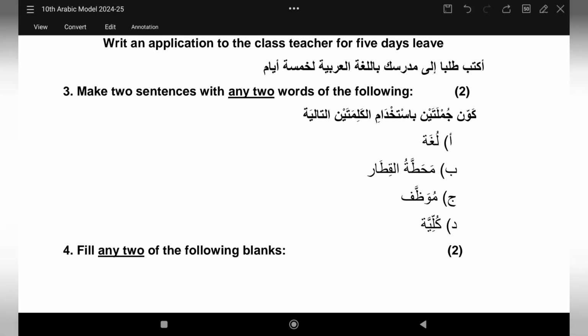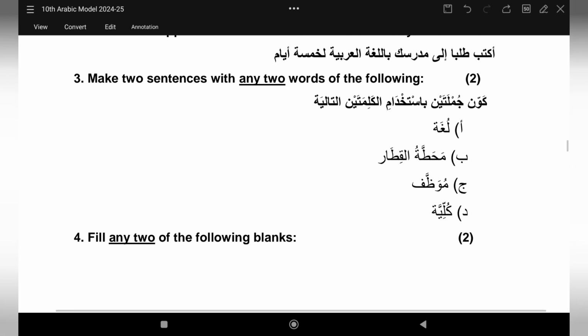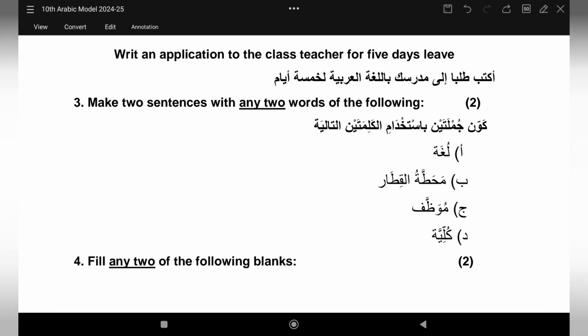Then, make 2 sentences with any 2 of the following, for 2 marks: لغة، محطة القطار، موظف، كلية. لغة means language, محطة القطار railway station, موظف employee, كلية college. When you make a sentence, you can make either a verbal sentence or a nominal sentence.